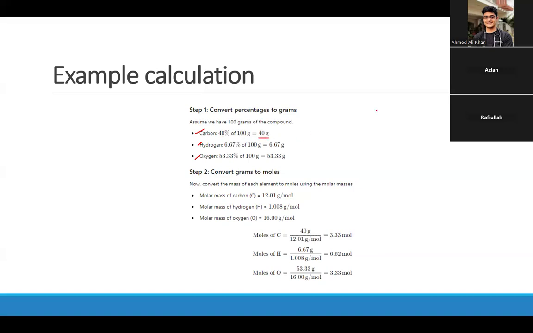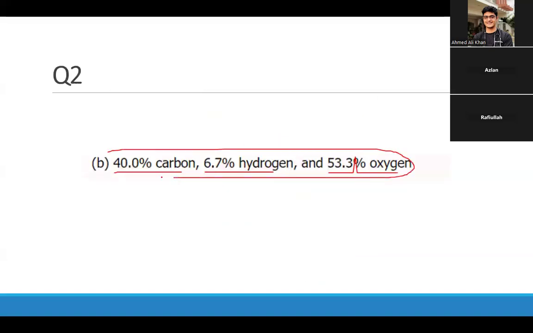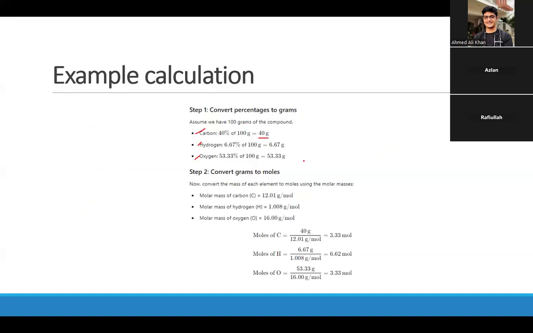That means if you have 100 grams of this compound, you'll have 40 grams of carbon, right? Hydrogen is 6.67 grams, okay? And 53.33% of 100 grams gives you 53.33 grams of oxygen. Right, so this is the simple conversion of percentages into grams.